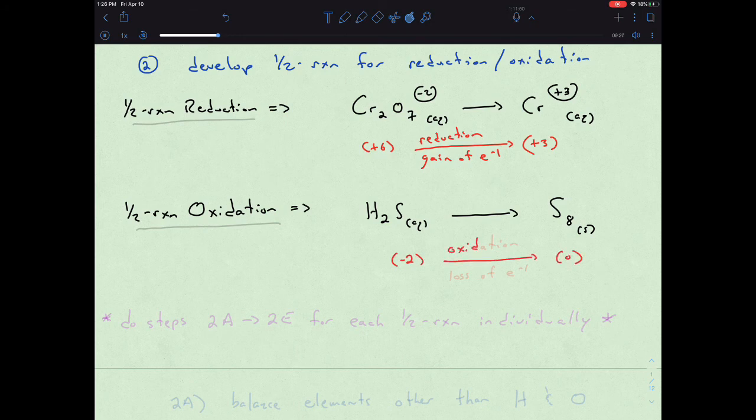That's an oxidation. That's a loss of electrons. So those are our two half reactions, our half reaction for reduction and our half reaction for oxidation. Right, remember now we want to do the following steps individually for each of the half reactions.